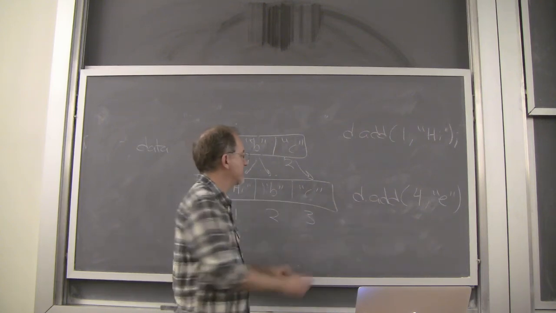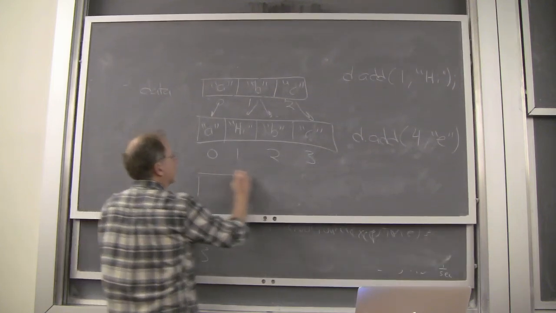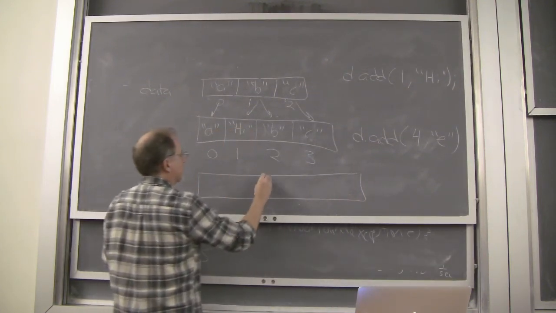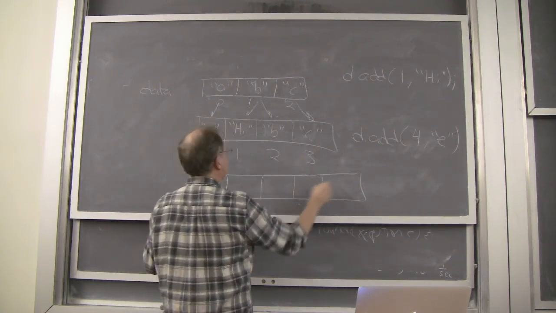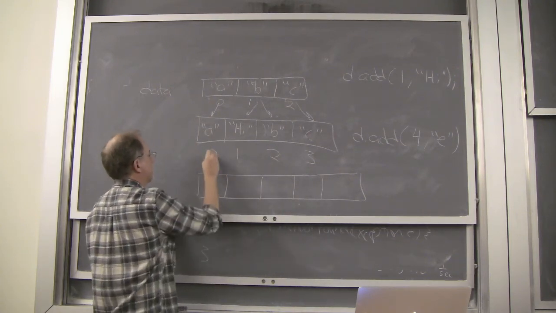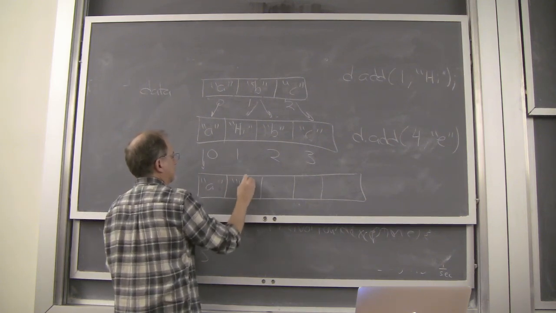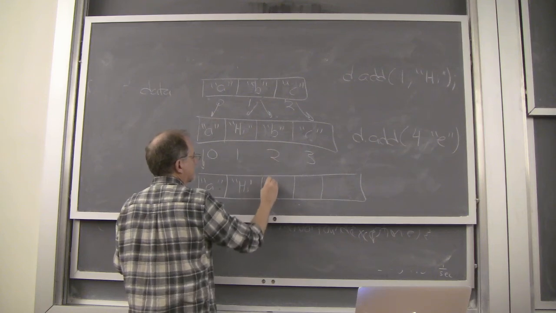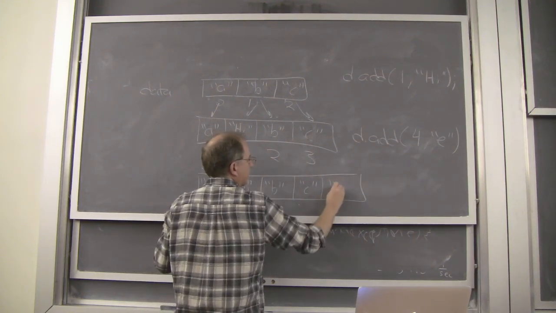So I want 4 to be legal here, and I would then make a new array with 1, 2, 3, 4, 5 spots, copy these all down, and then add "E" on the end.